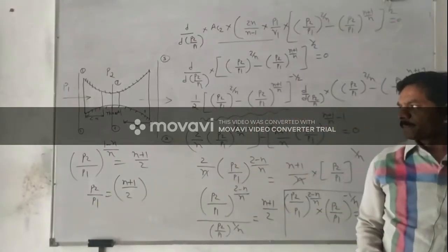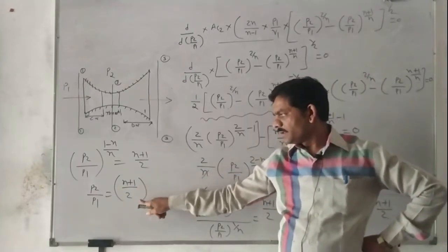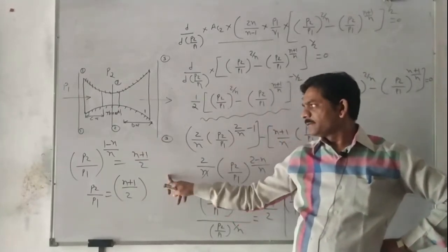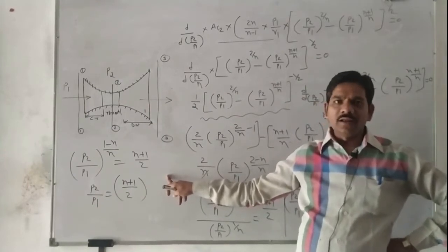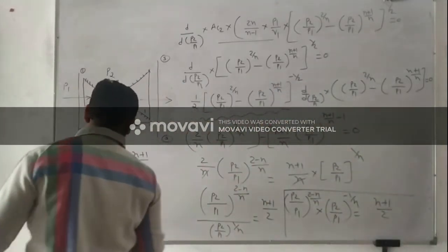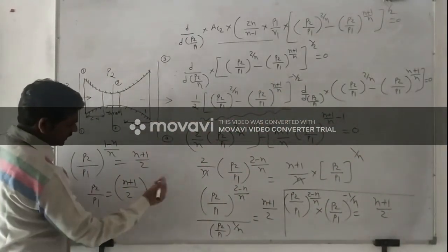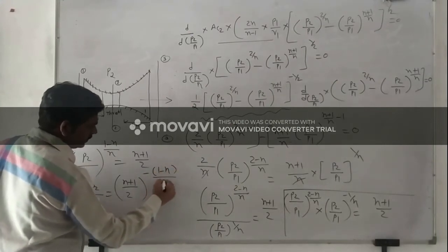P2 upon P1, n plus 2 upon 2. If you shift here, it is minus 1 minus n upon n. Then you replace this, it becomes plus. So see here, very easy, simple mathematics. Shifted here, so minus 1 minus n upon n.